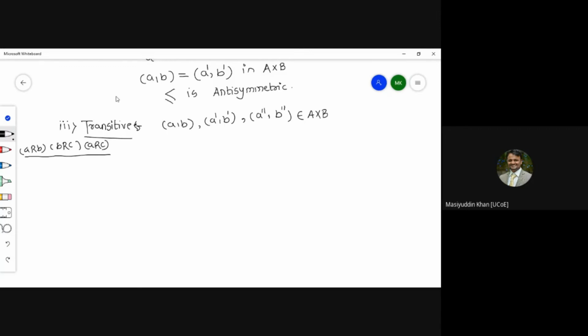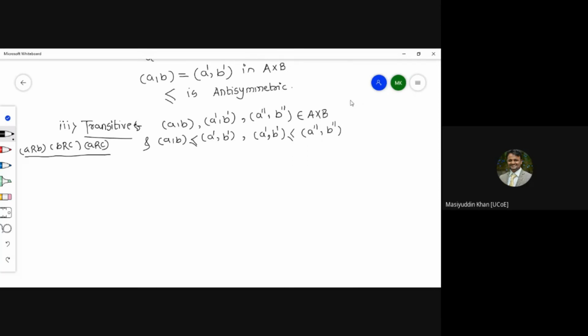So I'm just writing (a, b) is less than or equal to (a', b'), and (a', b') is less than or equal to (a'', b'').